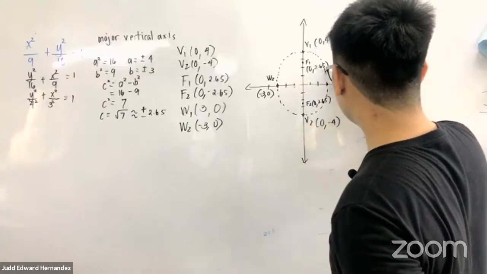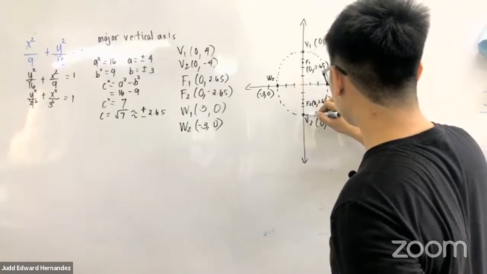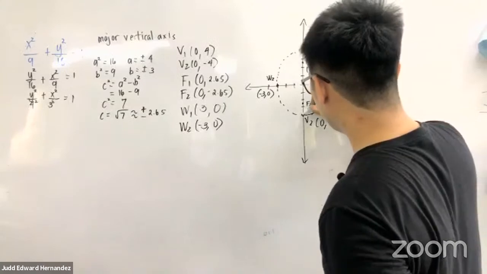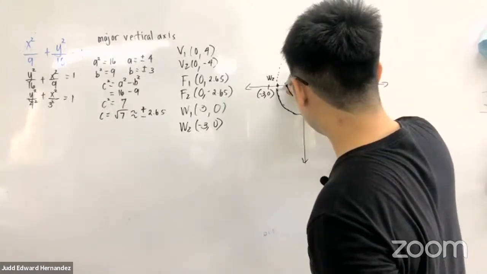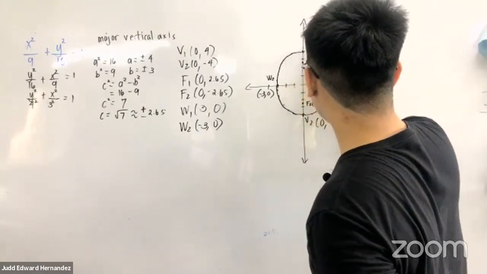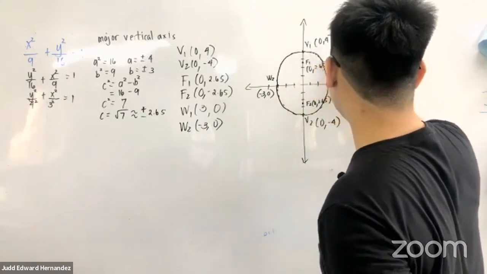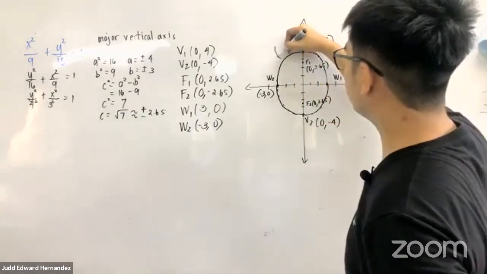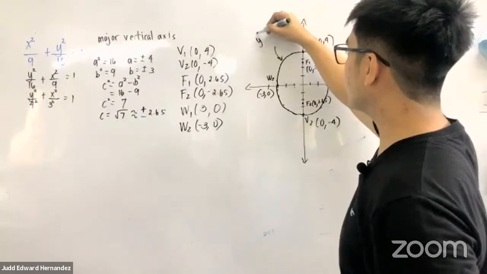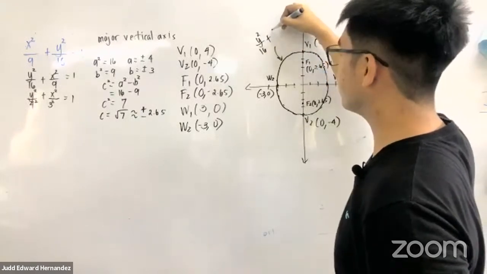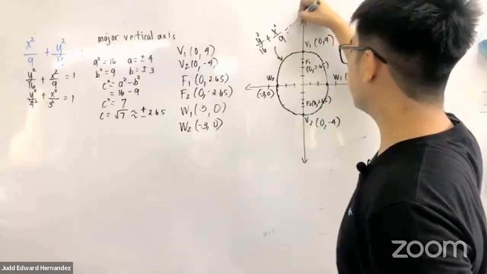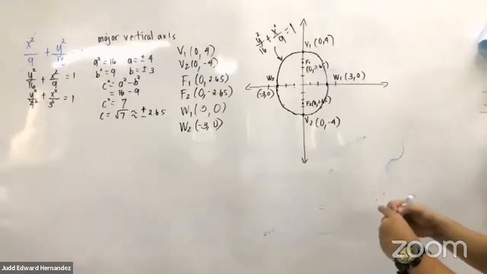Hindi ko na masyadong gagawing solid line. Pumapangit kasi kapag solid line. Okay, ginawa ko ng solid line. So this is now the ellipse with equation y squared over 16 plus x squared over 9 is equal to 1.